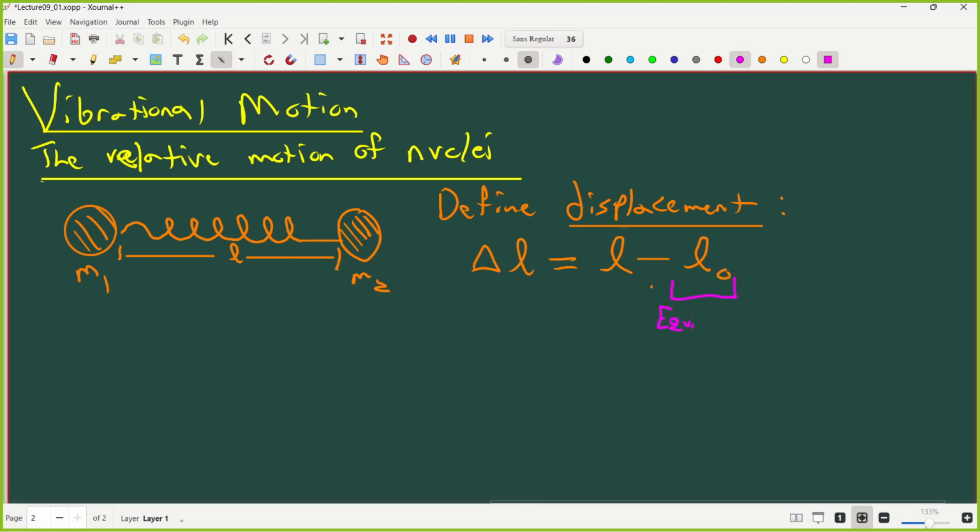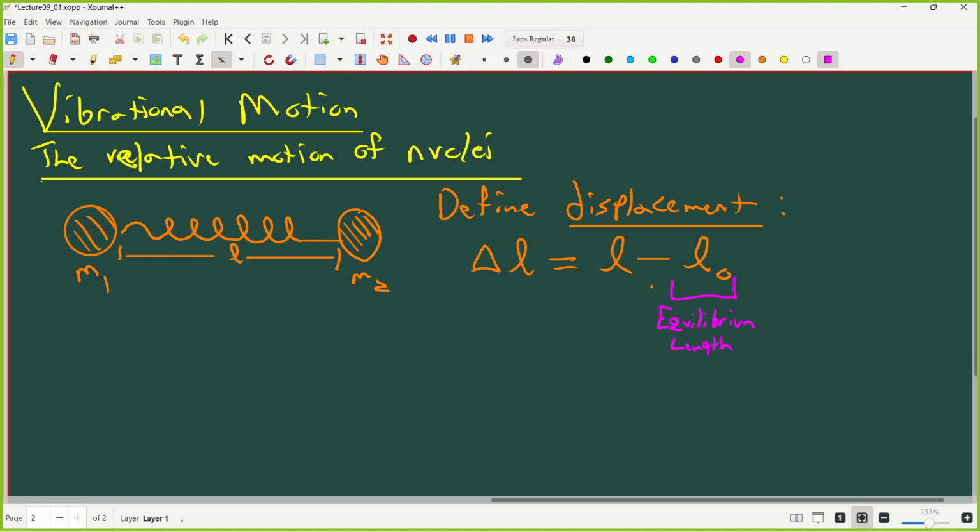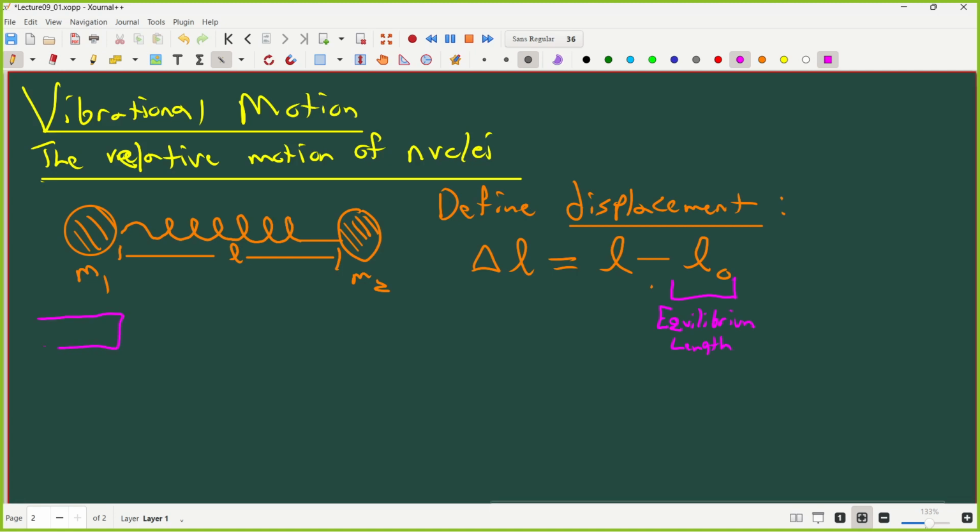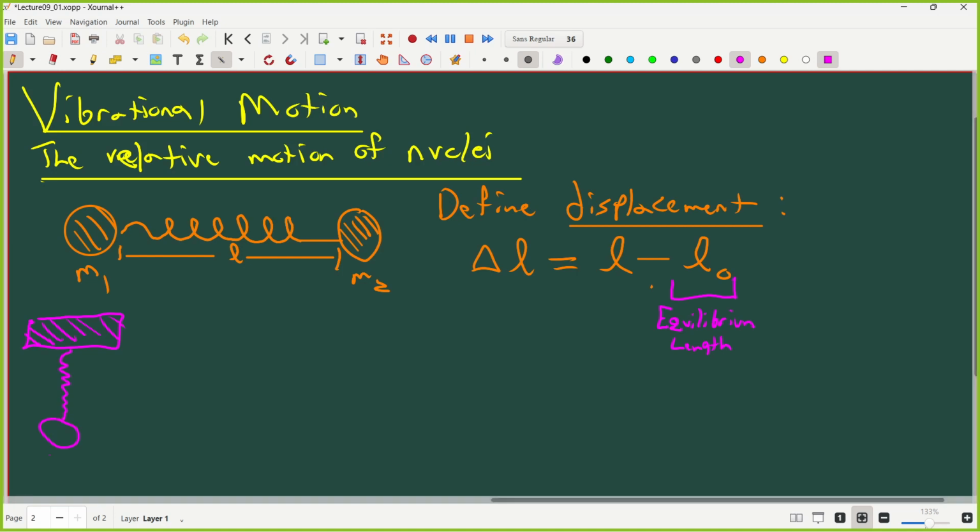This is the length of the spring if you let the spring just rest and you don't put any energy into it. Every spring has an average length that it likes to be. Imagine you have a spring connected to the ceiling, with a block and a mass on the bottom.